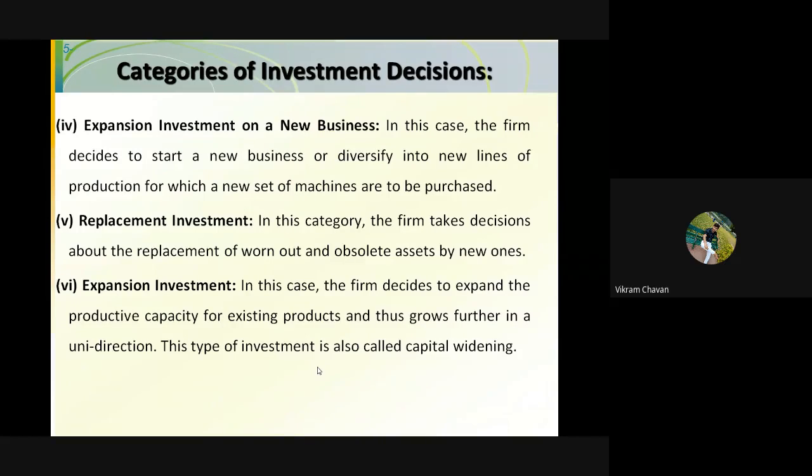In the same product, the company wants to expand the capacity of production. That is nothing but only expansion investment. Getting? A replacement investment is nothing but what? The company wants to replace the old machinery, old technology by new machineries. That is nothing but the replacement investment.